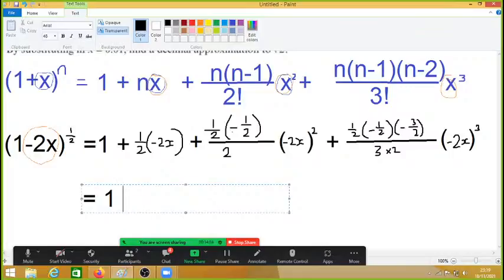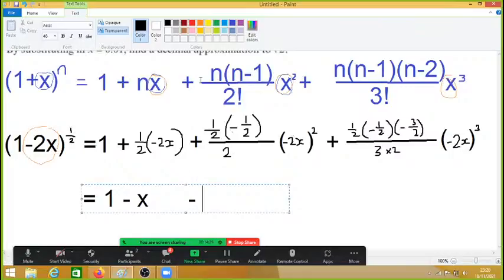Okay, first term, a half times minus 2, that's going to become a minus 1. So you have minus 1x or just minus x. Next one, you got the minus and the minus. That minus gets squared, so that's going to cancel out. So you are going to be left with a minus. And then half divided by 2.